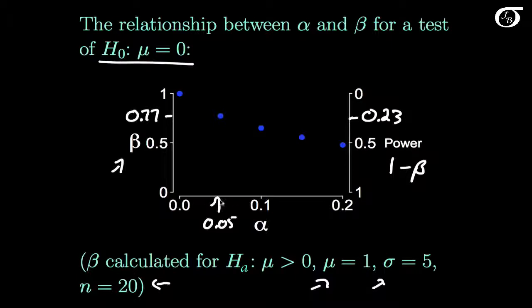If we let alpha increase from 0.05 to 0.1, then we're going to be decreasing the probability of a type 2 error and increasing the power of the test. If, however, we chose an alpha value that was very near 0, beta would creep up very close to 1, and our test would have almost no power.